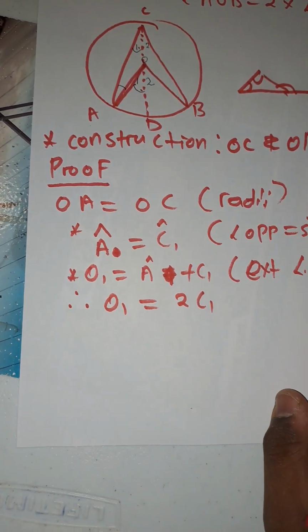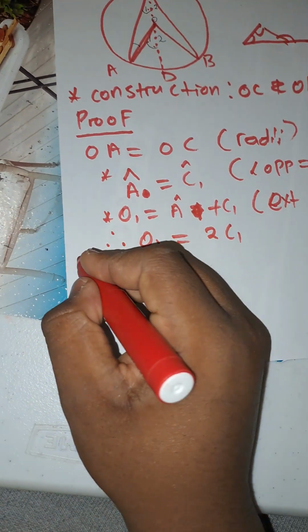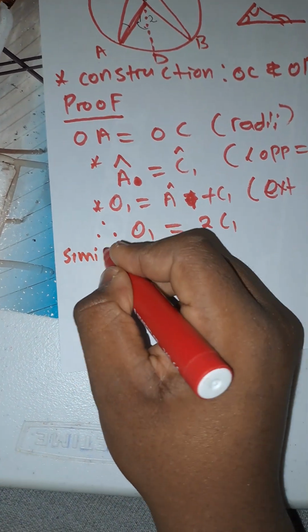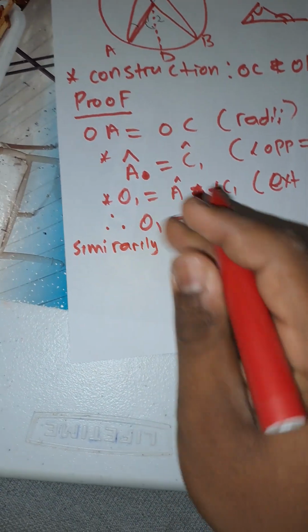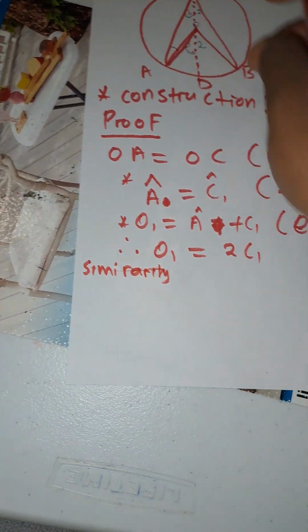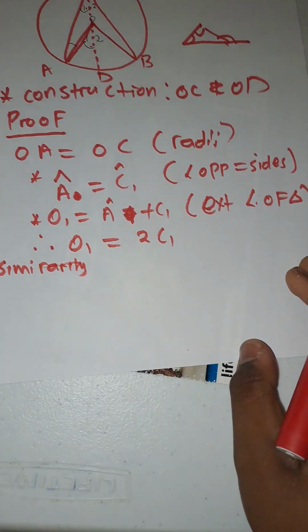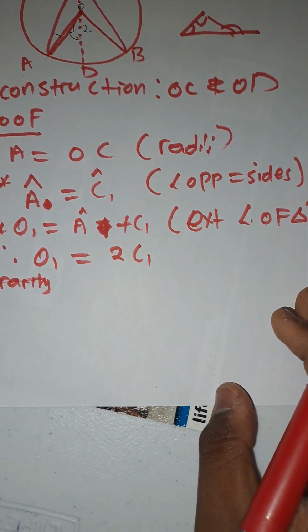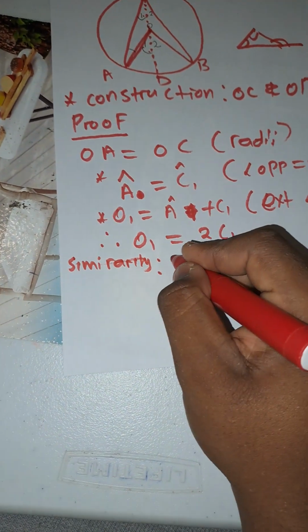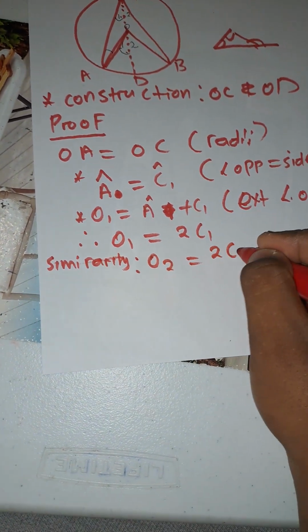O1, it is equals to 2 times what? C1. So O1, it is equals to 2 times C1. So similarly, for this triangle, I'm gonna do this. O2, it is equals to 2 times C2. So O2, it is equals to 2 times C2.